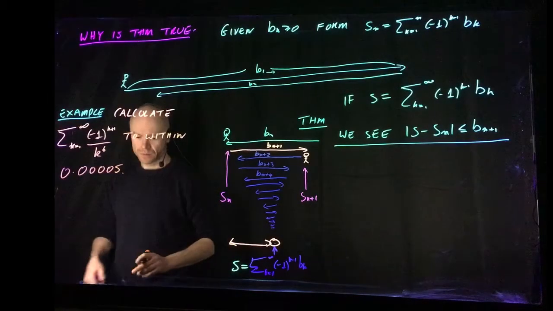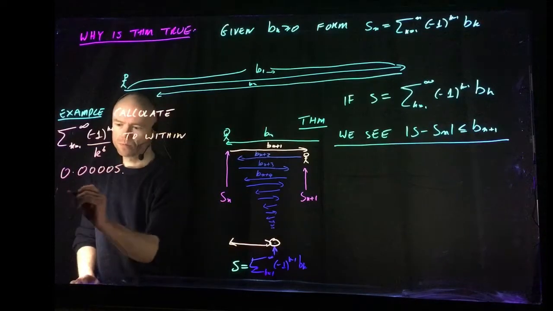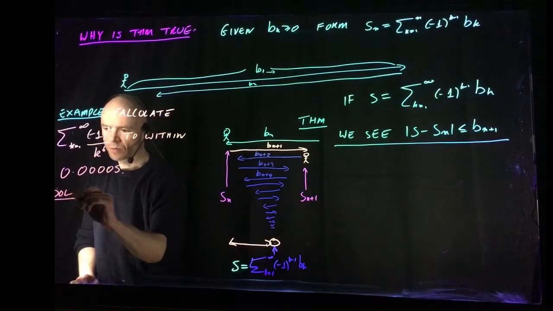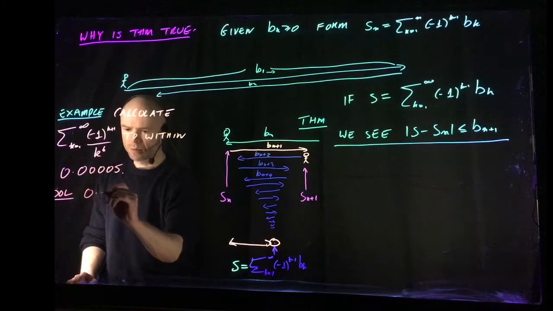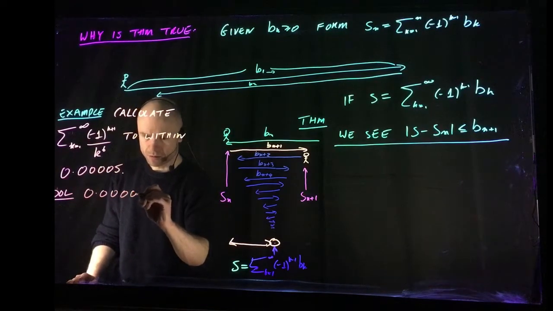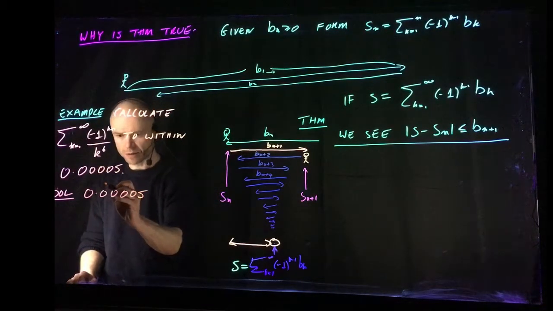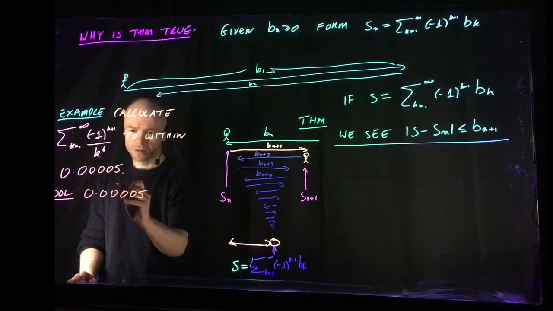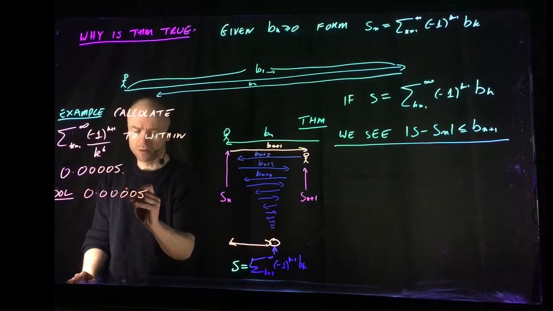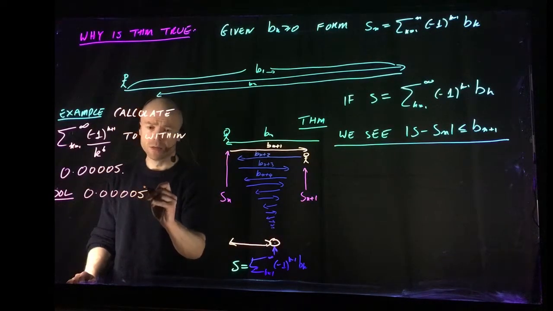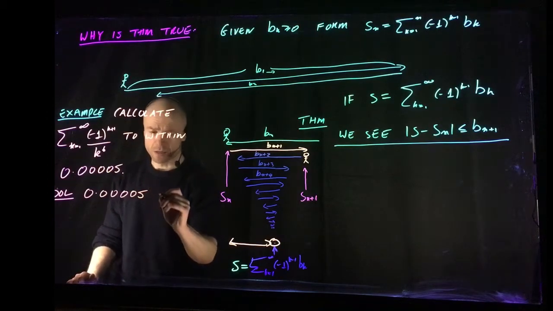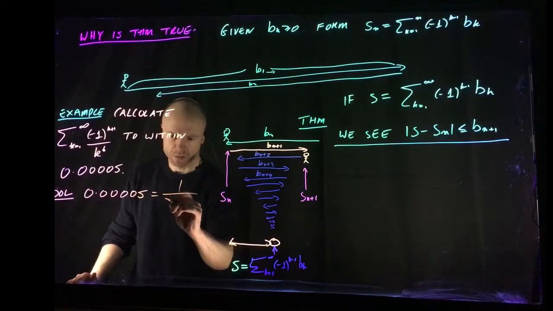Okay, solution. Well, 0.00005, what is it? So this is the 1 over 10, this is the 1 over 100, this is 1 over 1,000, this is 1 over 10,000. We have 5 over here, so it's actually 1 over 20,000.